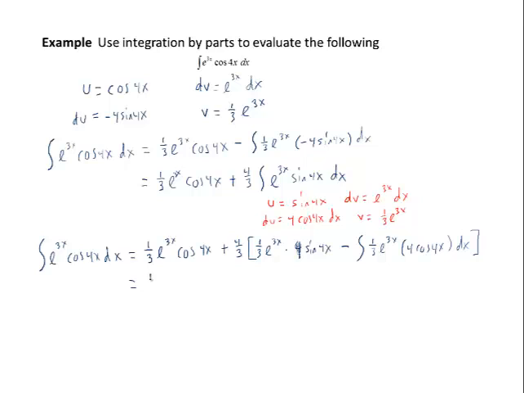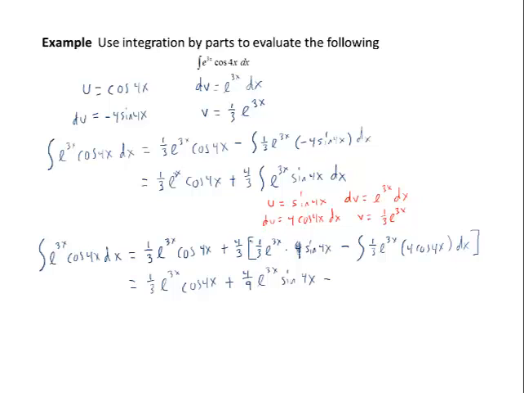Okay, getting kind of a mess here, but look what happens when we clean it up. 1/3 e to the 3x cosine 4x plus, now I'm going to distribute that 4/3, and I get 4/9 e to the 3x sine 4x minus, 1/3 times 4 is 4/3. So I could rip the 4/3 out front of the integral here and distribute that 4/3 here.